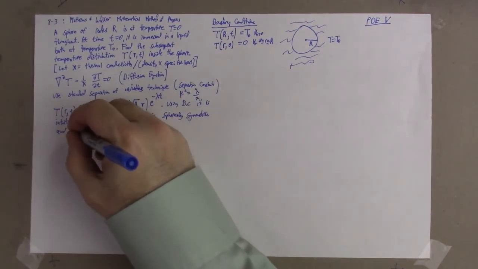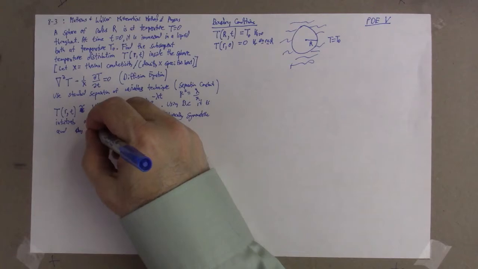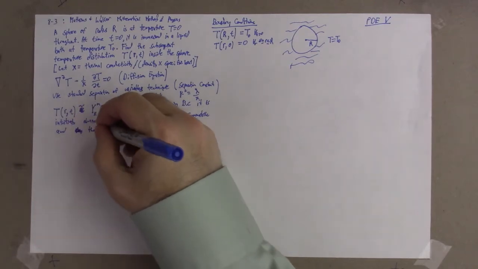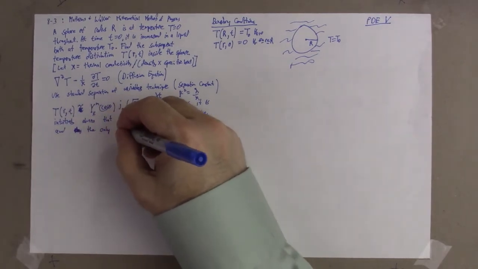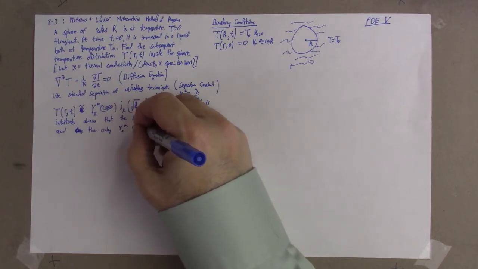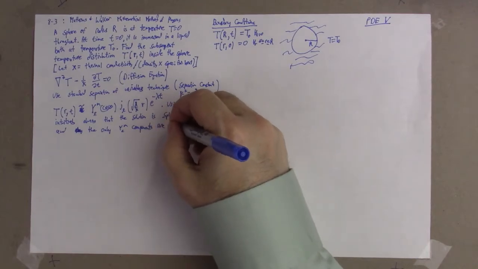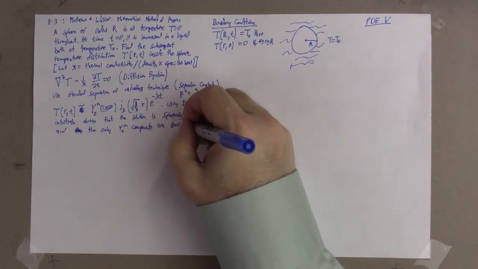And the only Y_LM components are L equals 0, which requires M equals 0 also.